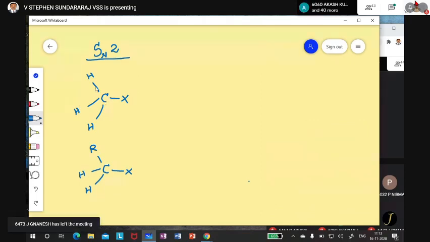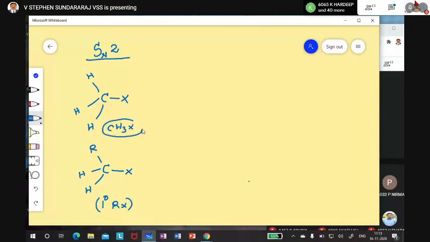In SN1 and SN2, see that here one is primary RX and this is methyl halide, the first example.